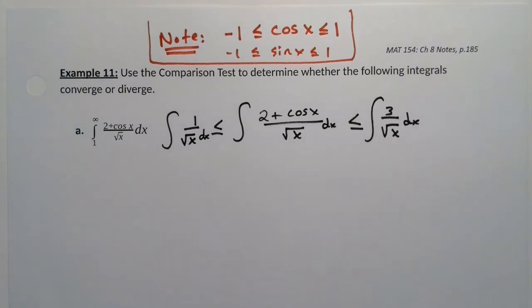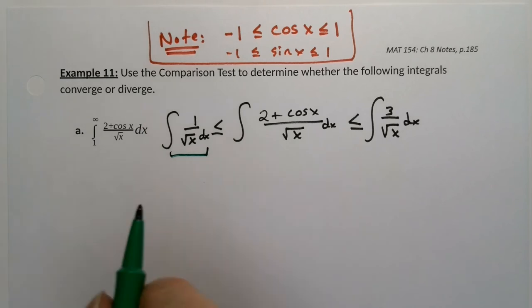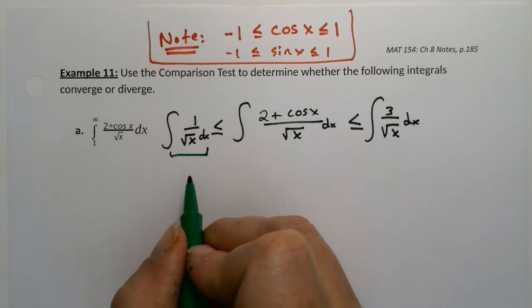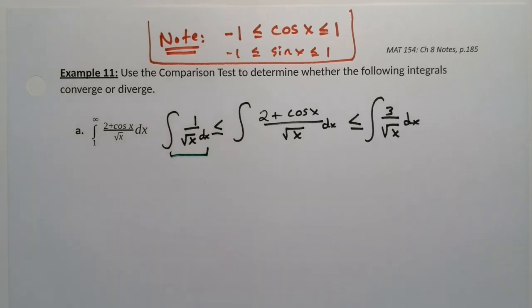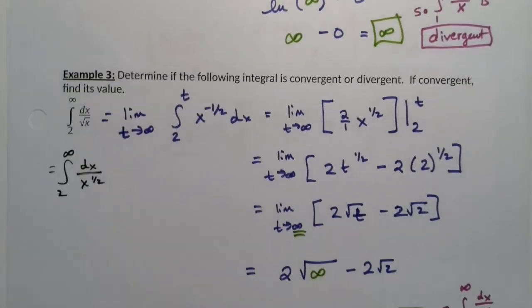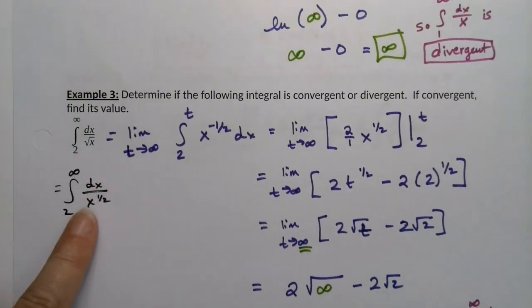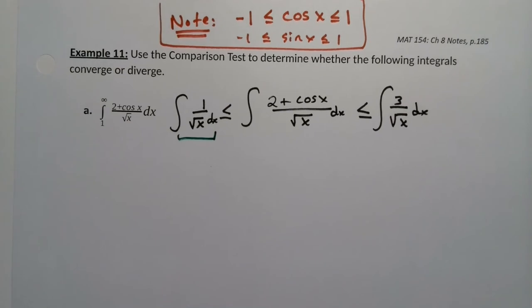The one on the left, we actually already proved this is divergent. We proved it in a previous example. Let me go find it. Oh, this was a while ago. It's right there. Granted, it's going from 2, but that part's irrelevant. It doesn't really matter what constant you start off with.